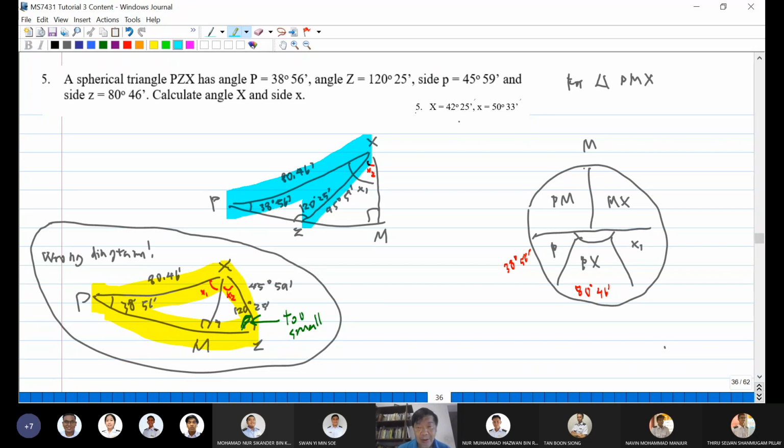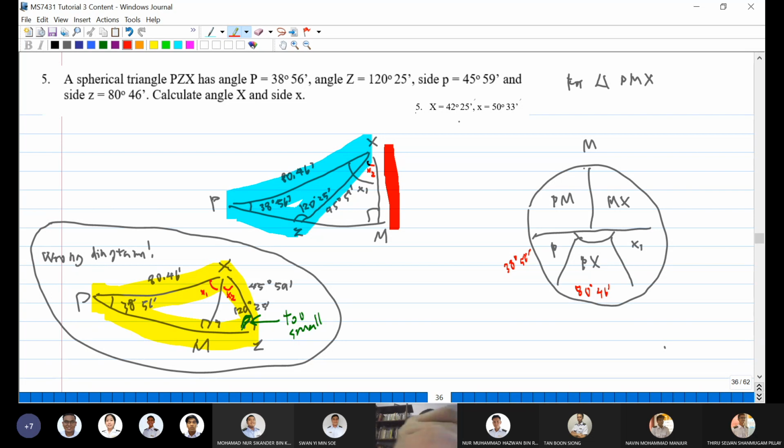So outside the triangle, drop down 90 degrees here and extend it to M. That's why you then have the Napier rules. Unfortunately I didn't go clockwise, I go anti-clockwise, got MX here.